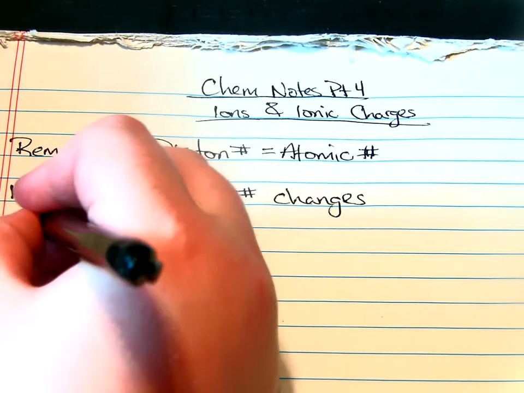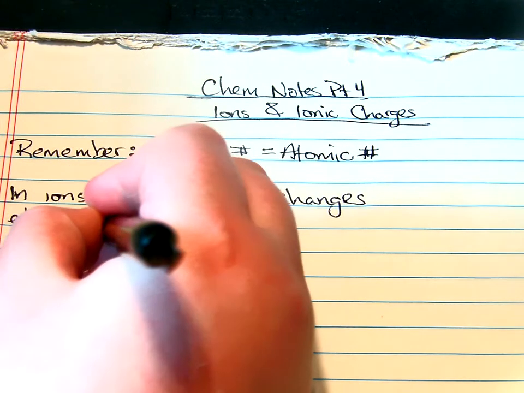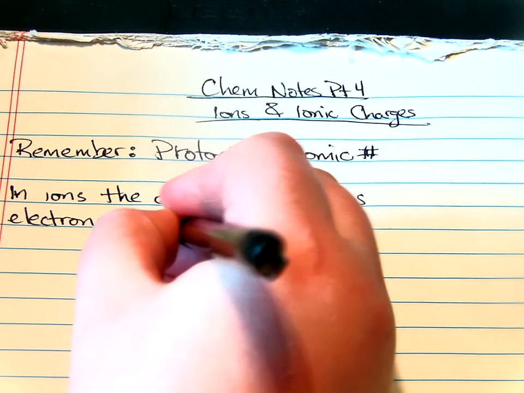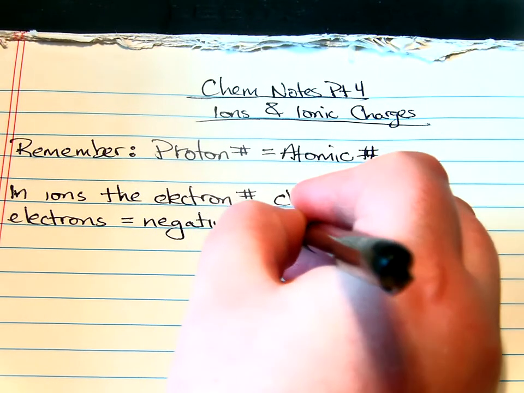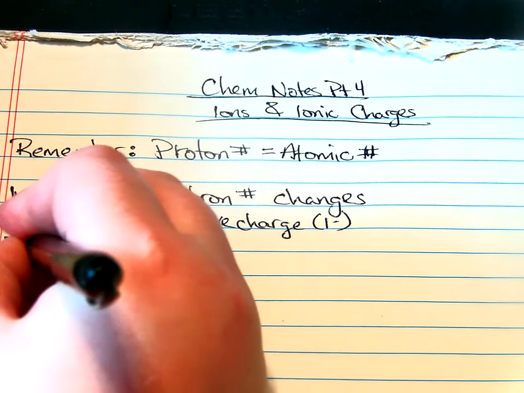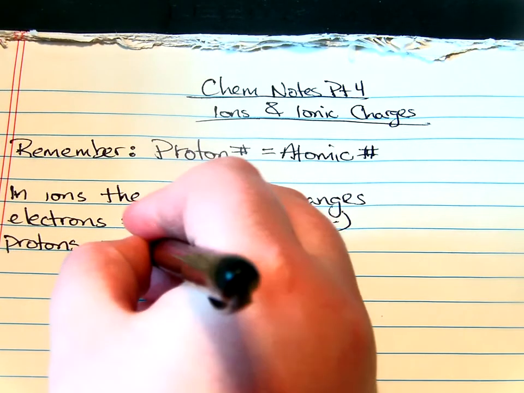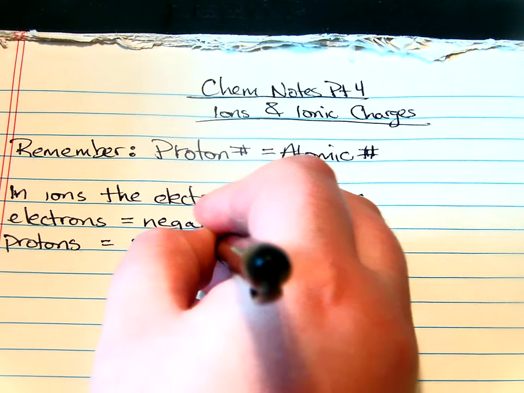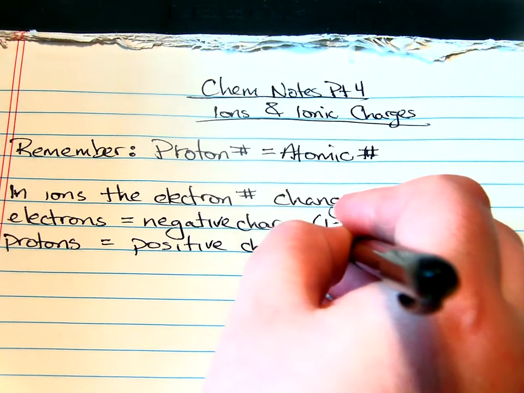Now remember that electrons have a negative charge. They have that 1 minus, and that protons equal a positive charge, 1 plus.